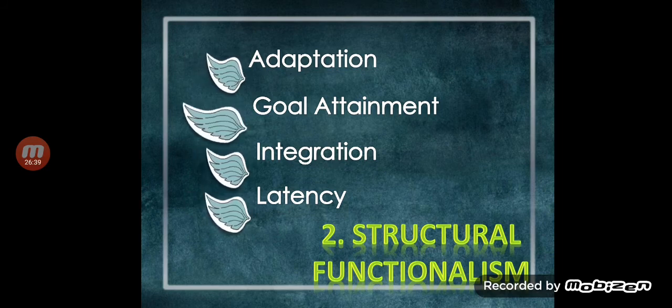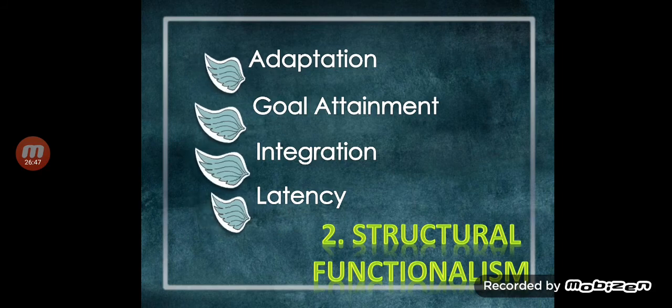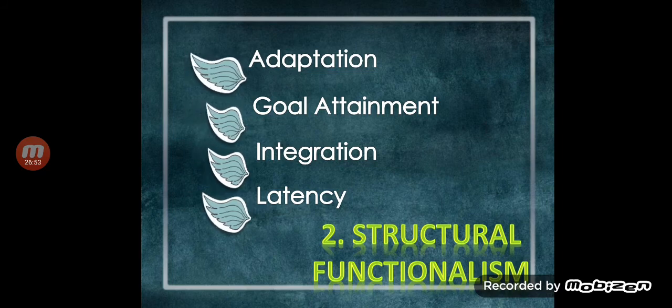Integration, there should be an interrelationship of its component parts. And latency is maintaining the motivation. How to do it? There should be a certain pattern maintenance. Set goals, set policies that will keep the group in order. Okay?